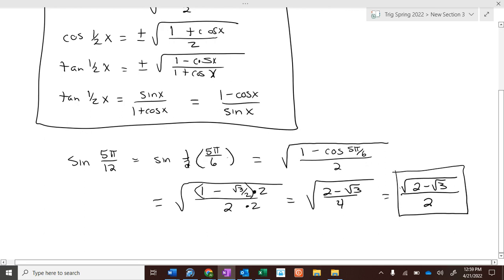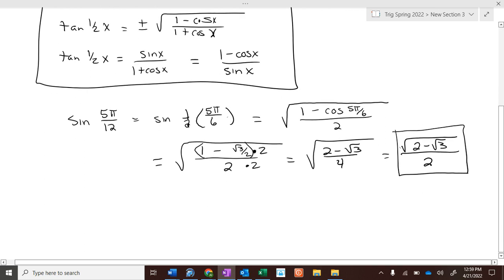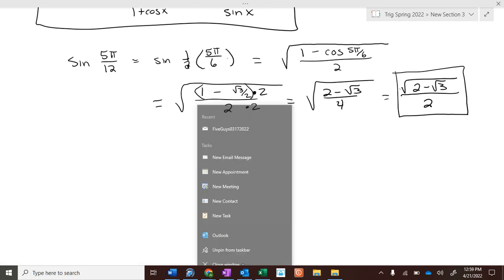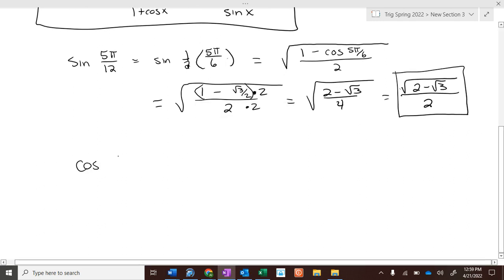Let's do another one. The cosine of 13 pi over 12. What quadrant would I be in? I'm going to be in quadrant 3. Cosine will be negative. So I'm going to use the cosine of 1/2 of 13 pi over 6.